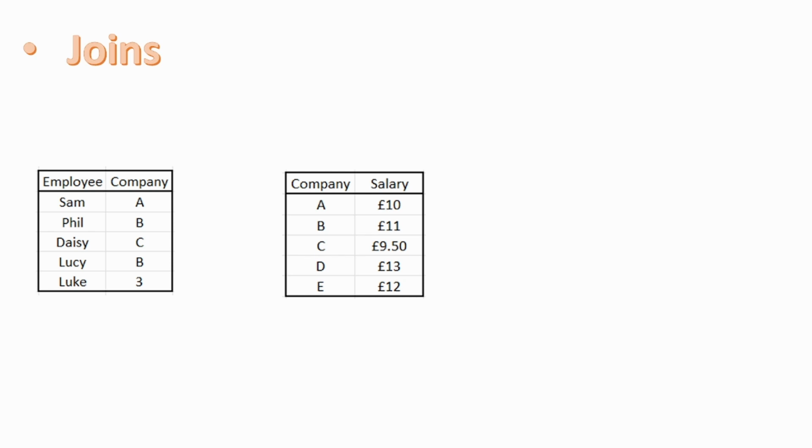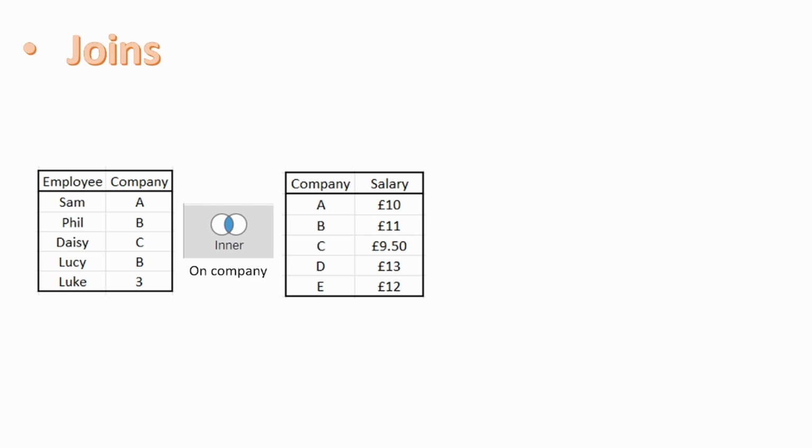So company A, all of their dog groomers earn £10 an hour, let's just say, and B, C, and so on. So for this table, let's join them both using an inner join. And we're going to join them both on company because that's the field that they both have the same.